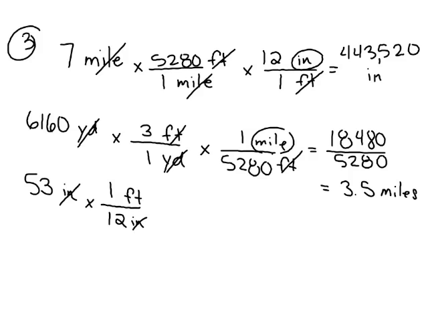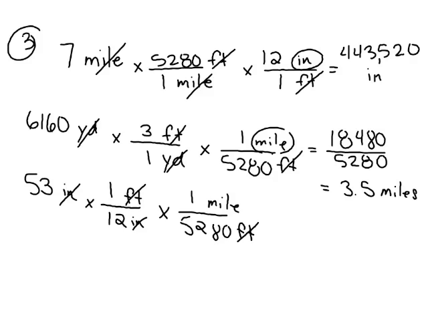Now I'm in feet, and then feet to miles. What's the ratio of feet to miles, Bart? 5,280 feet in 1 mile. So then I got rid of feet, right? Now he just multiplies across.